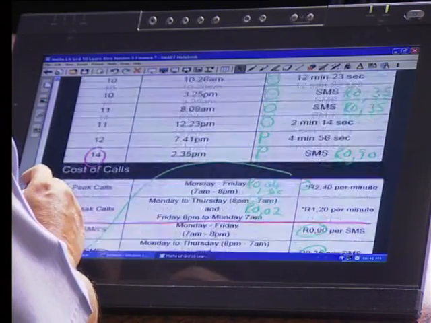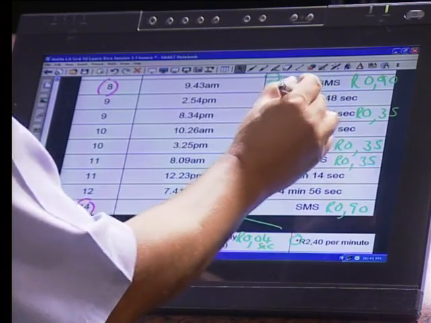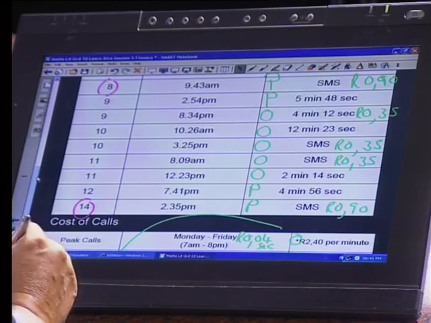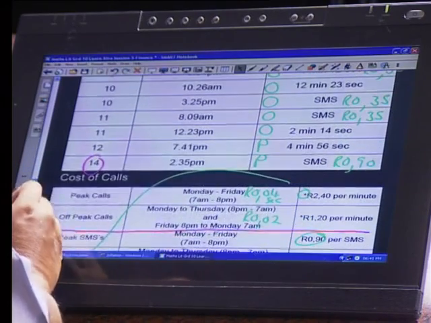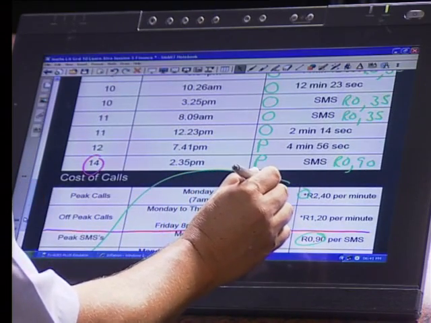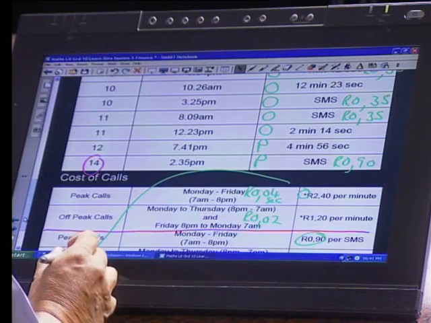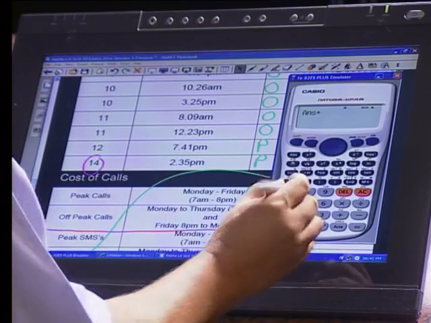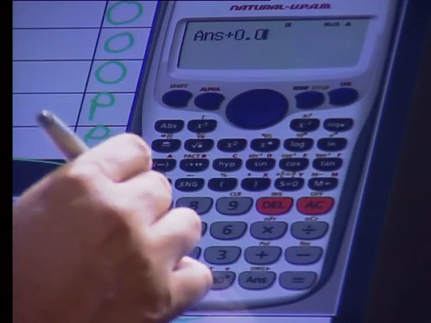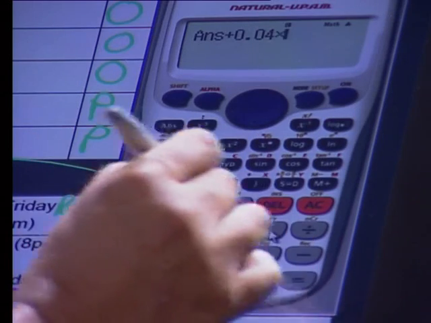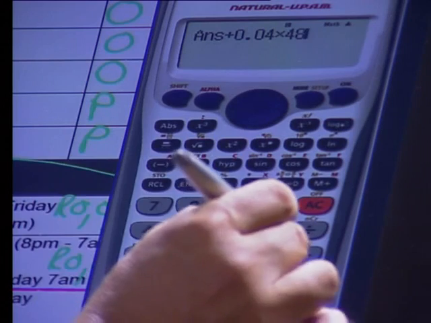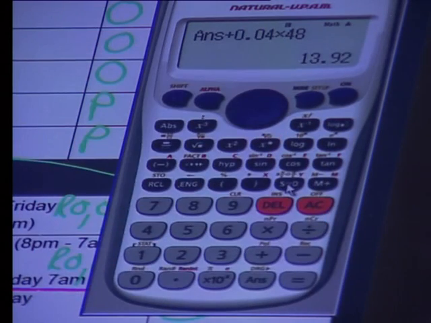I'm going to add the fact that I'm also talking for 48 seconds. So I'm paying 4 cents for 48 seconds. So we're going to say plus 0.04 Rand times my 48 seconds. Final answer, I am paying for that call 13 Rand 92.